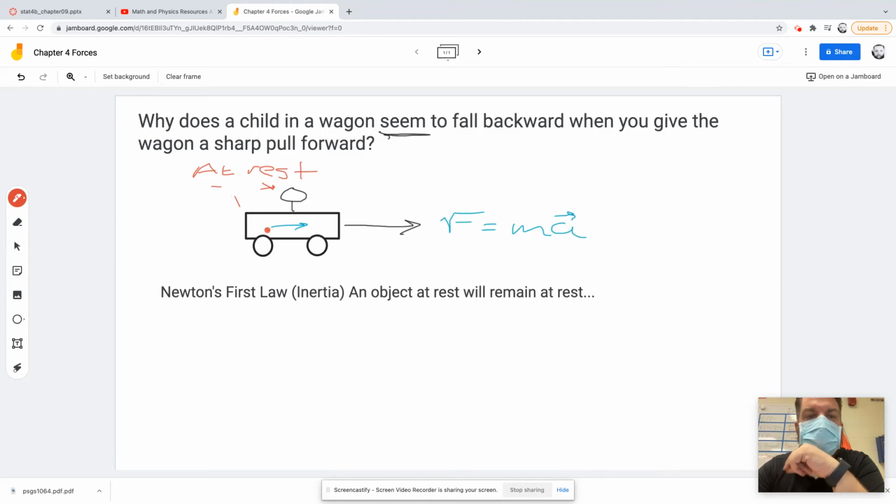Now the lower part of the kid will move, but what happens to the top part of the kid? In other words, his body, if we could look into the wagon, his body is moving this way, right? But his head is at rest, so there's nothing pulling it. So it looks like his head is going backwards, but in reality, his head's sitting still, right?